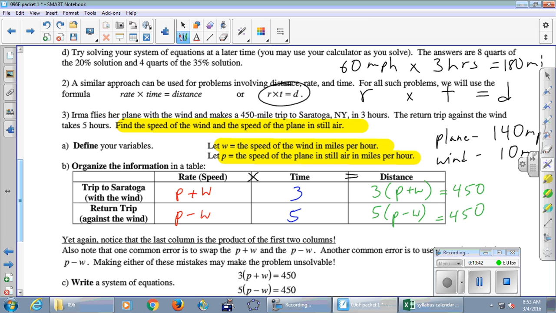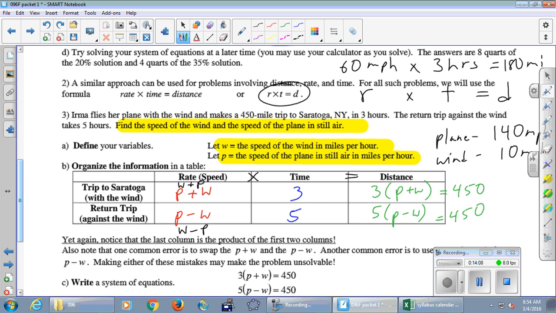And the only other common mistake I see is that sometimes instead of P minus W, people put W minus P, and up here W plus P. Now one of them is totally okay. Which one is equivalent to what's already in the box? W plus P. You can add in either order, doesn't change anything. But if you do W minus P, because you just know, oh, I have to add on the one and subtract on the other, you're going to get silly answers.